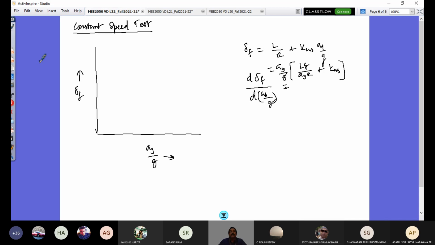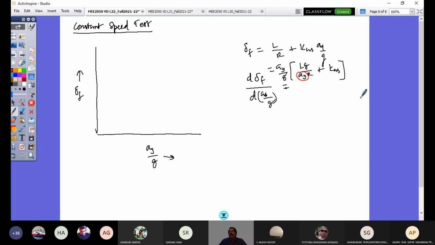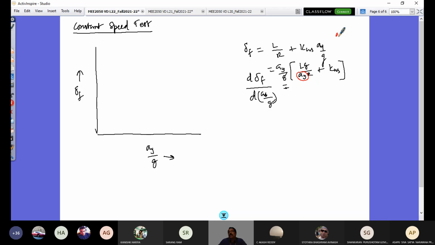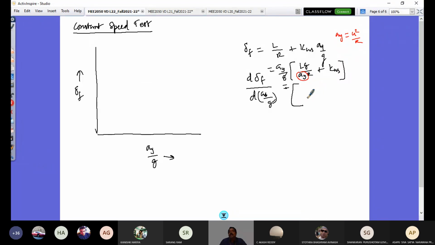So if I substitute that here, R goes, so LG by U squared. This differentiation comes to be Lg by u square plus KUS.